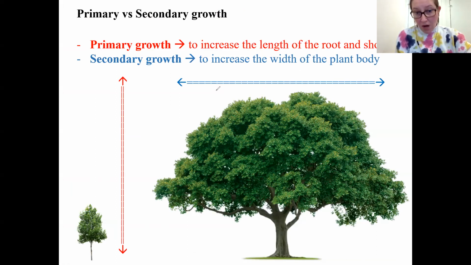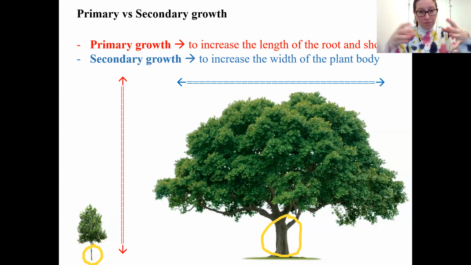But this tree on the right needs to get thicker and wider. See how thick this trunk is compared to this trunk? The only way that something in the plant world can become wider or thicker is with the lateral meristems, or secondary growth.